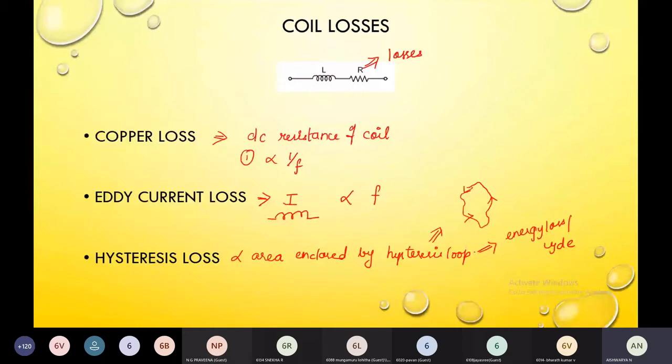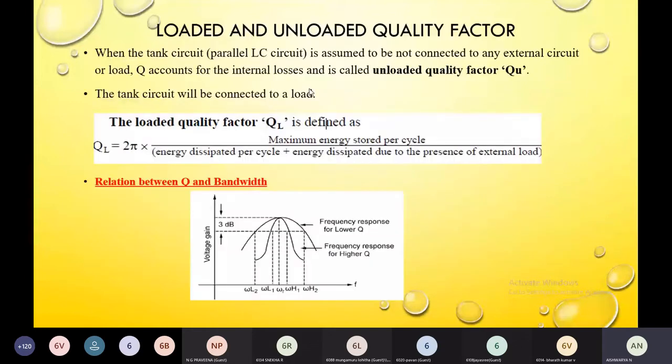So the loop that is formed based upon charging and discharging of your inductor is nothing but your hysteresis loop. And the loss that is encountered due to this is nothing but your hysteresis loss. And all these losses are associated with your inductor, and the inductor is not purely inductive in nature. Okay. So these are all small topics in your third unit.